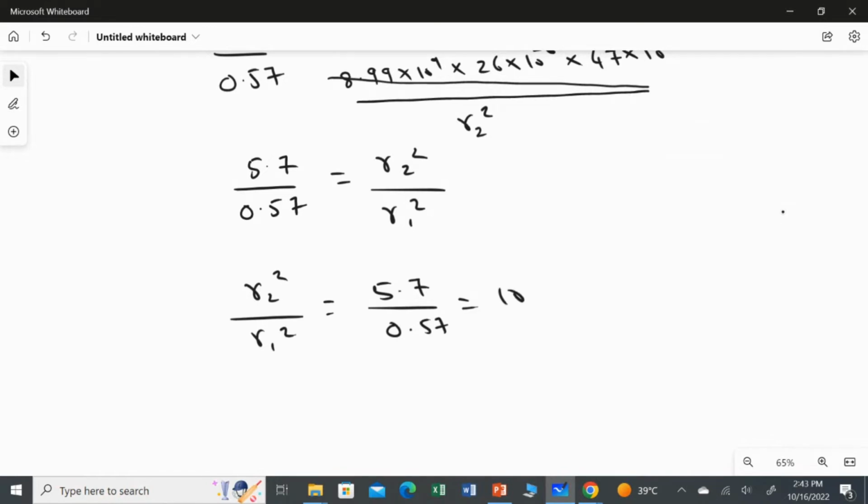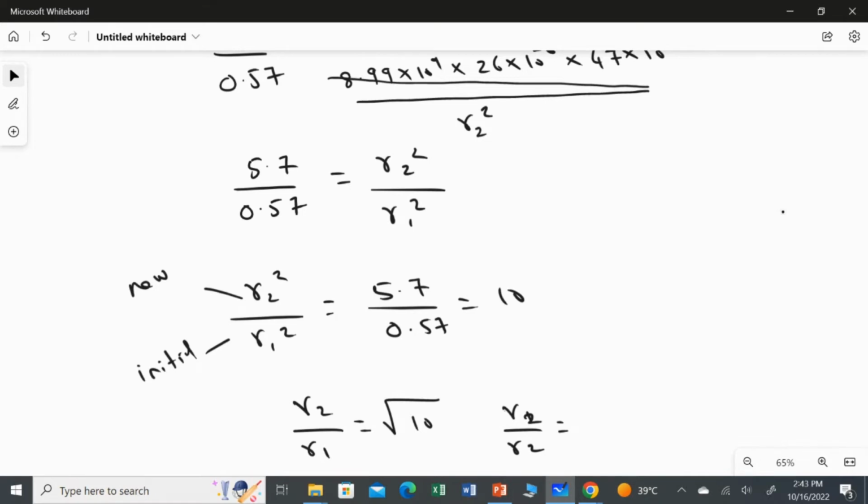Am I right? But we need the ratio of R2 over R1, the ratio of new separation to the initial separation. Here R2 is the new separation and R1 is the initial separation. So we have to take the square root on both sides. When you take the square root on the left hand side, R2 square over R1 square gives R2 over R1, which is equal to the square root of 10.